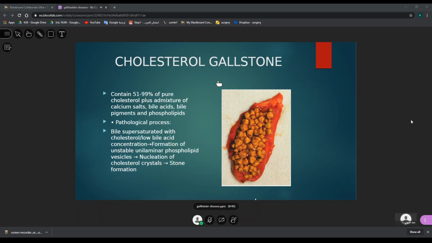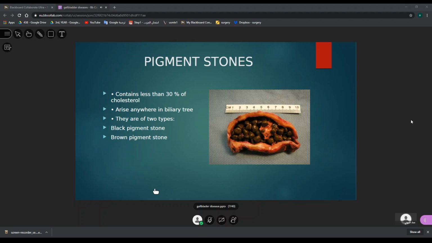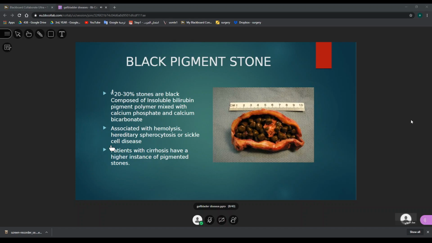It's pure yellow. Pigment stone, which contains less than 30% of cholesterol, arises anywhere in the biliary tree. They are two types, either black pigment or brown pigment. Black pigment stone: 20 to 30% of stones are black, composed of insoluble bilirubin pigment mixed with calcium phosphate and calcium bicarbonate, associated with hemolysis.